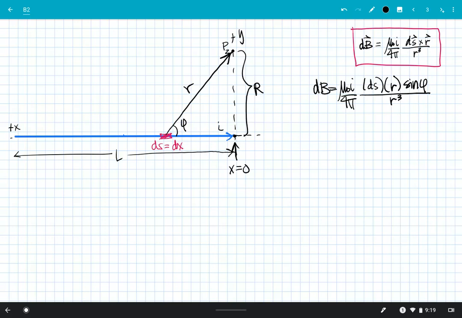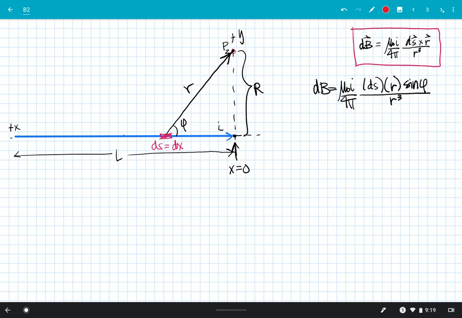So that allows me to go into magnitude, and that's what I integrate. Direction we get from the right-hand rule. We don't get direction from doing any kind of calculation here. We get that from physical analysis, and we can pause for a moment and do that now.